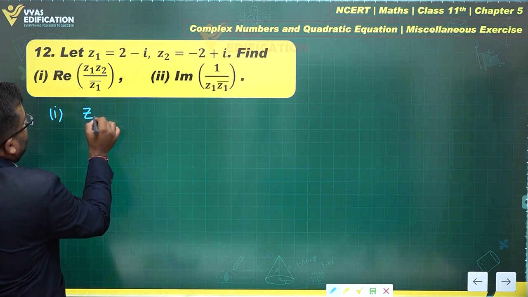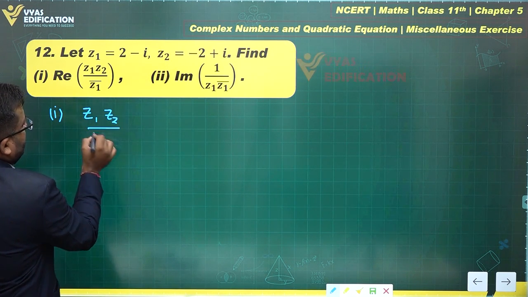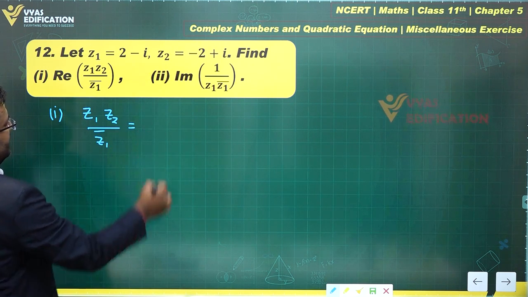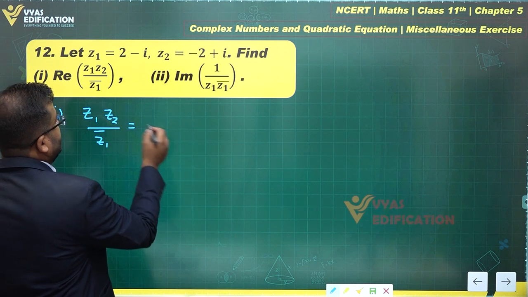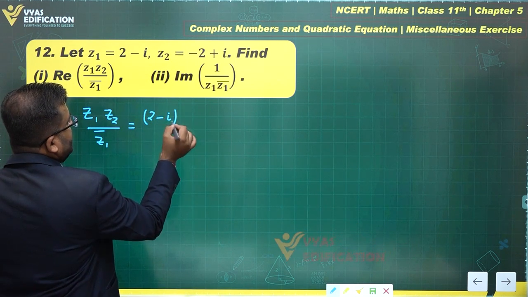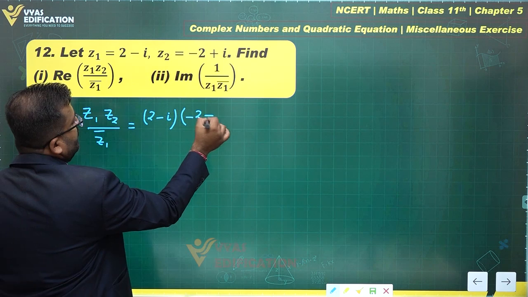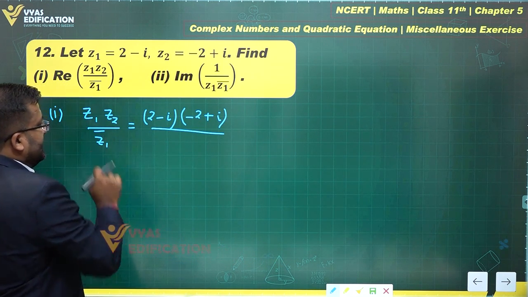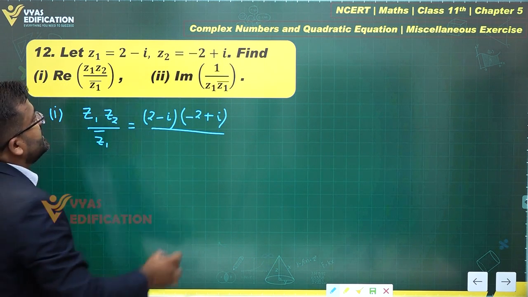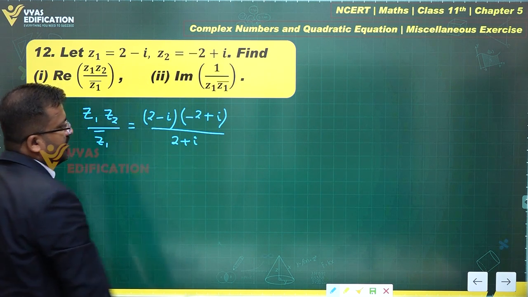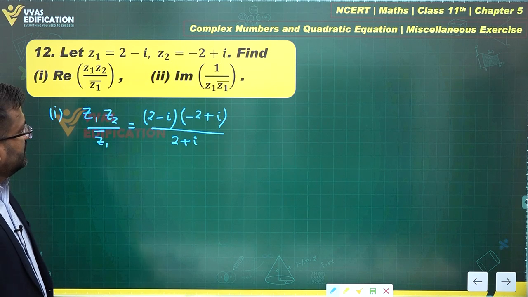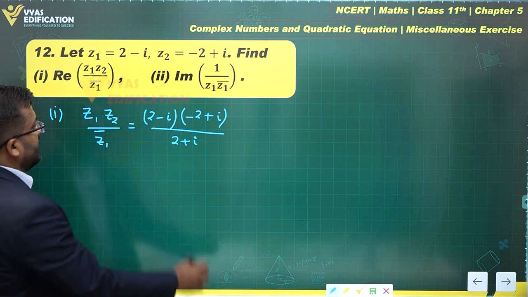We have z1, we have z2 and the conjugate of z1, that is z1 bar, in the denominator. Let's write z1. z1 is 2 minus i, z2 is minus 2 plus i, and the conjugate of z1 would be z1 bar, which is actually 2 plus i. Let's simplify this.